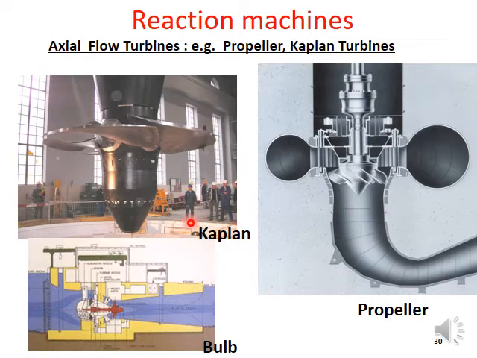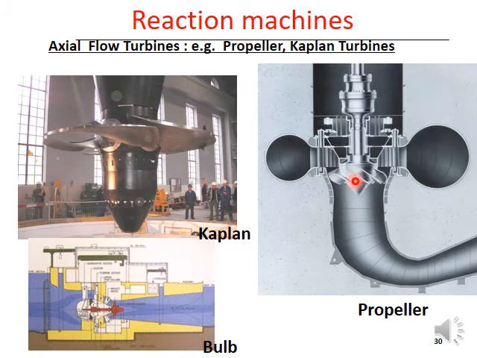See, there is a person here and you see the size of the impeller. Now this impeller also has blades, and what you can see here is that these blades can also be turned about the hinge on its shaft.